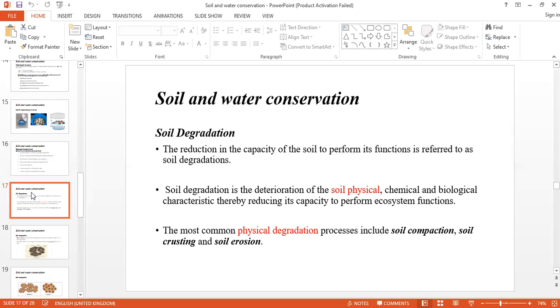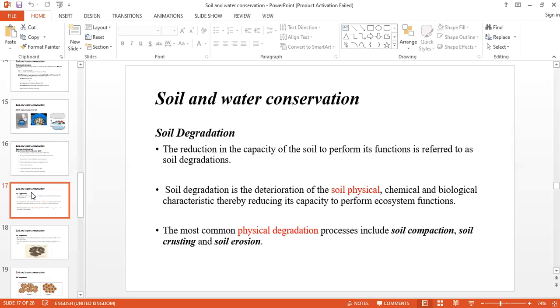Okay. So physical degradation means the actual framework of the soil, that inorganic part that we saw, which we said is the framework which holds the other components together. That physical characteristic that we're able to see, that's what we focus on.